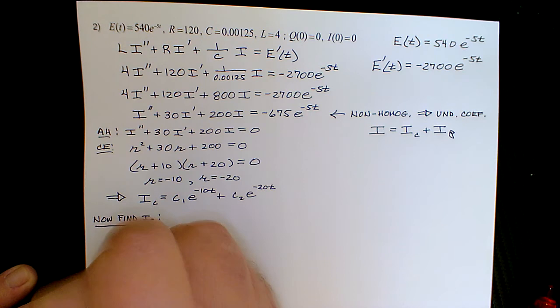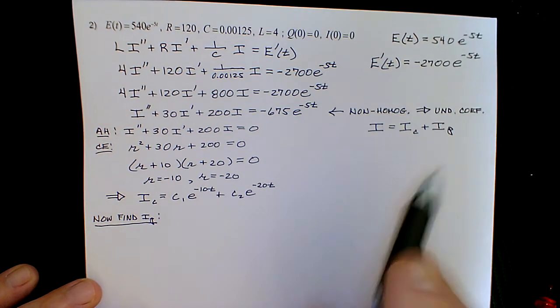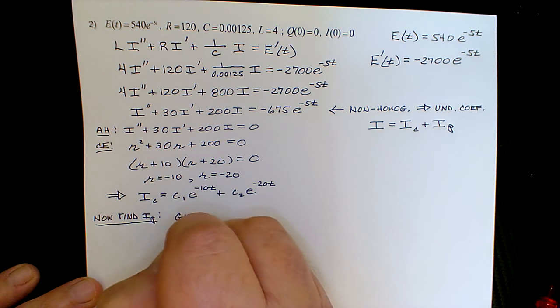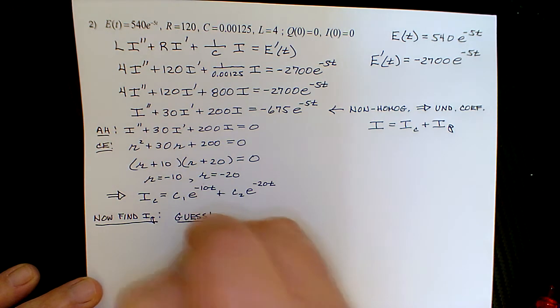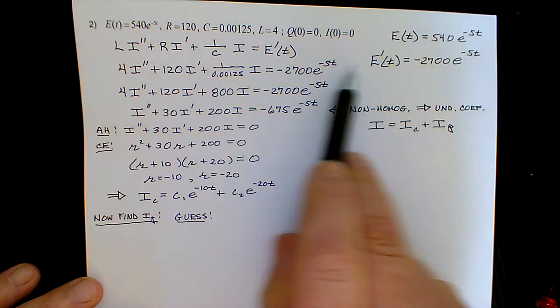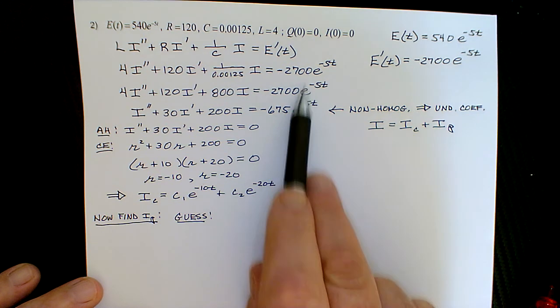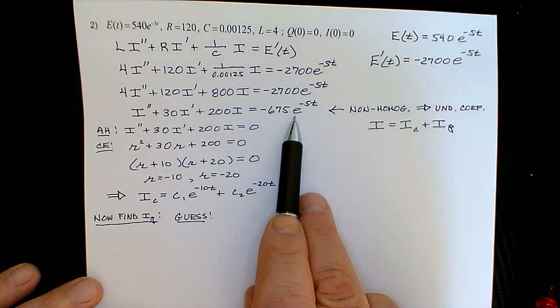So recall, with the method of undetermined coefficients, we make an educated guess. And our guess is based on the function that's causing it to be non-homogeneous. So I guess we could look down here at the negative 675 e to the negative 5t.